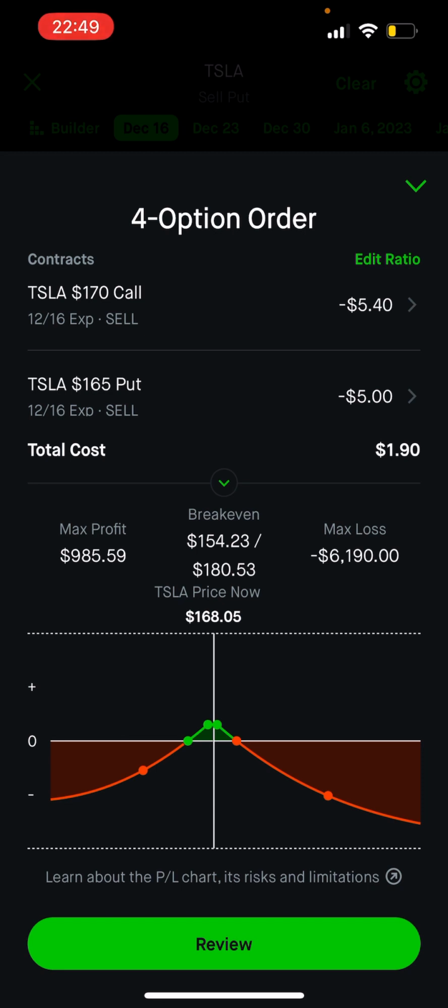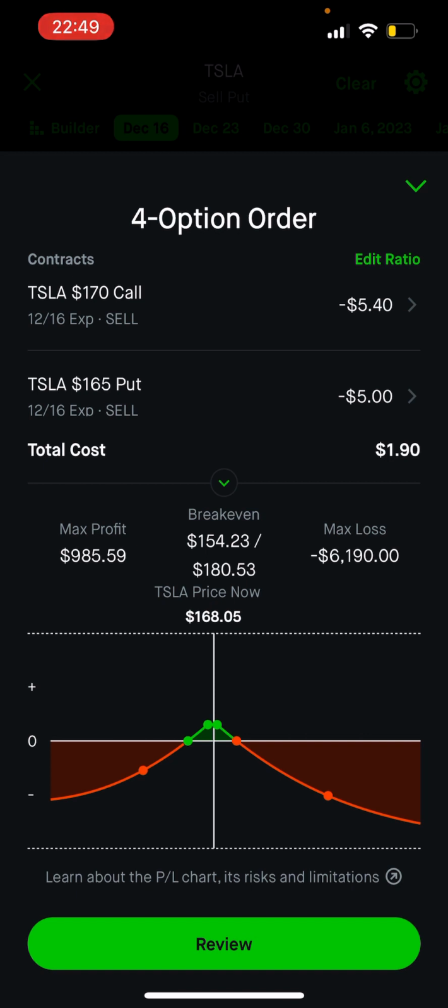So you just have to ask yourself, what's your assumption on this particular stock, right? Do you think it's going to go up, or do you think it's going to drop sideways? If you think it's going to trade sideways possibly or go up, then you want to do this with all the puts, right? And if you think it's going to trade sideways or go down, then you want to trade this with all calls, right?